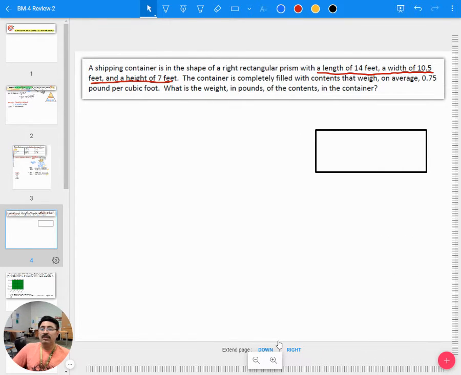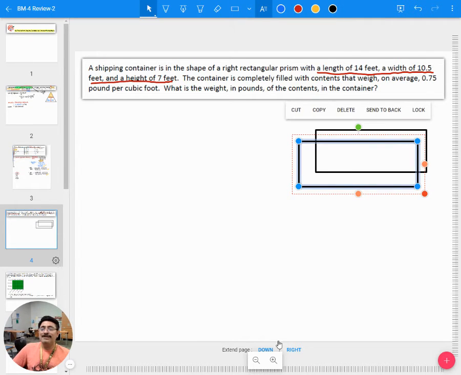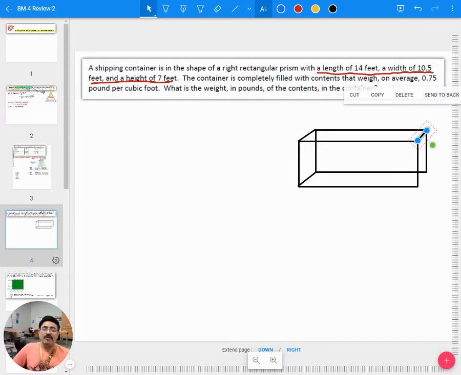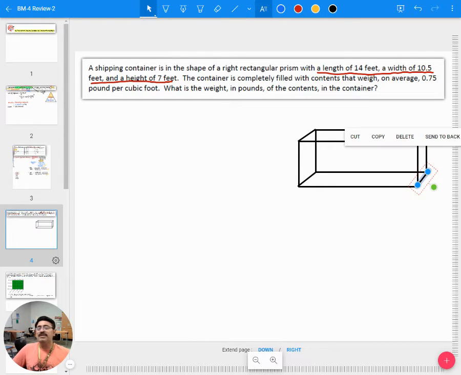So there is a container this way. Please excuse me if the diagram is not really so great. Let me join these lines. I'm trying to draw a shipping container, which is in the shape of a rectangular prism.